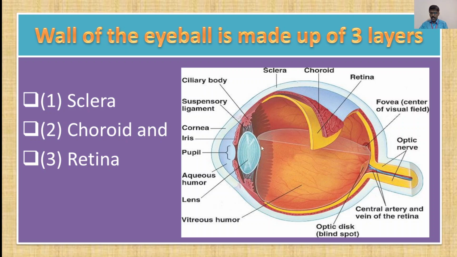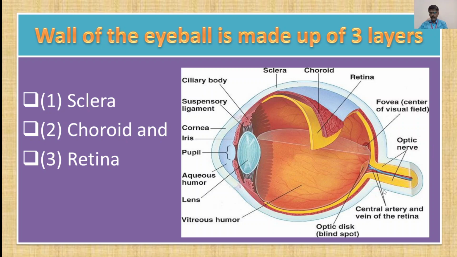Then inside the eyeball there is vitreous humor, filled inside the eyeball. Then just opposite to the lens there is the fovea, the center of the visual field.